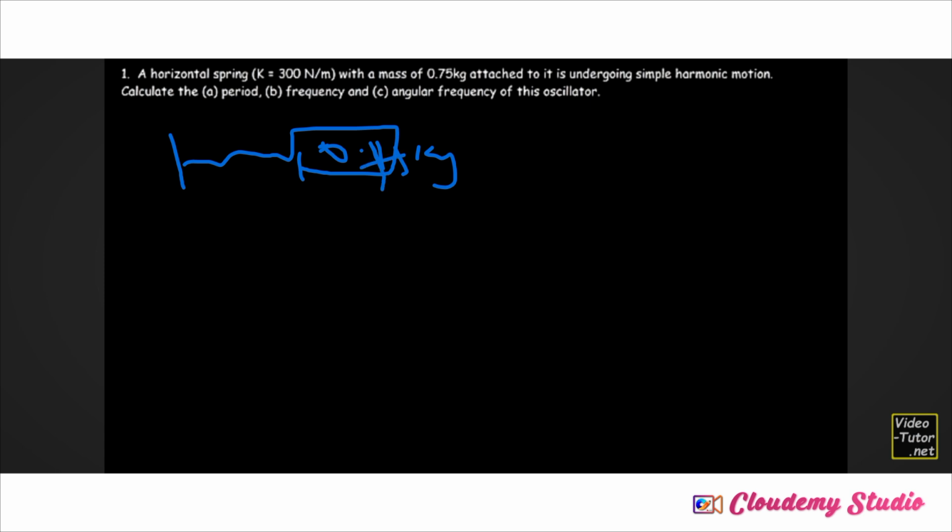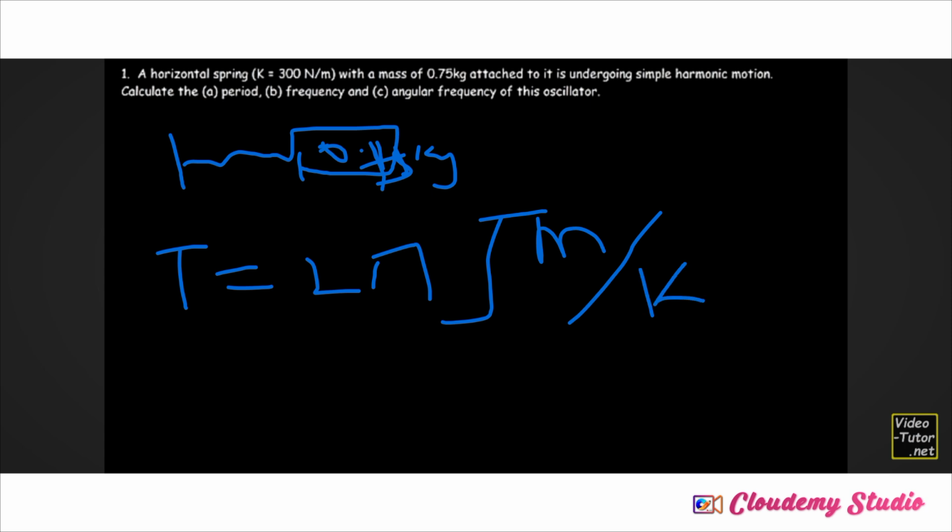The first thing we should calculate is the period. We already know that the period T is equal to 2 pi root m over k. We have our mass and we have our spring constant.